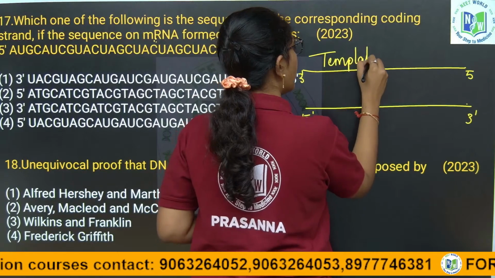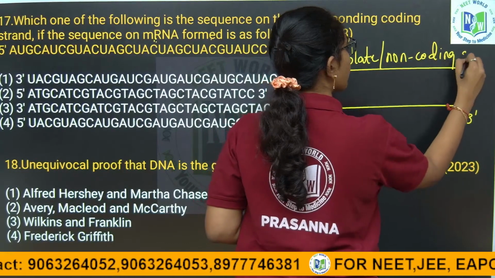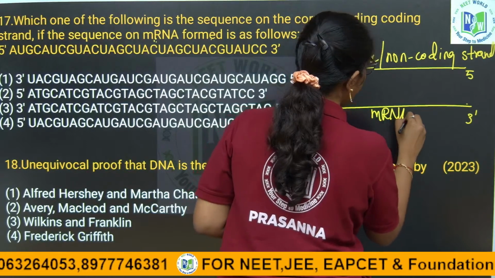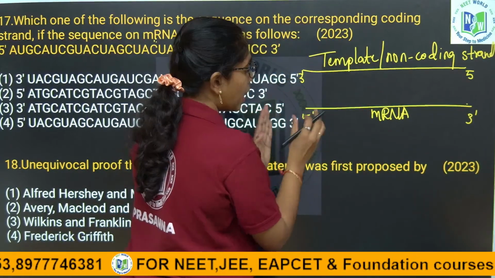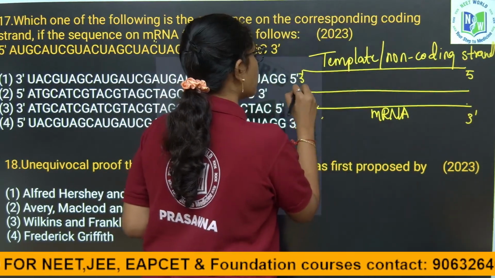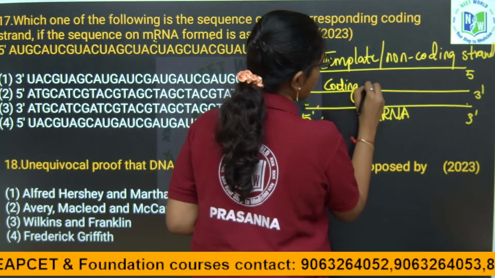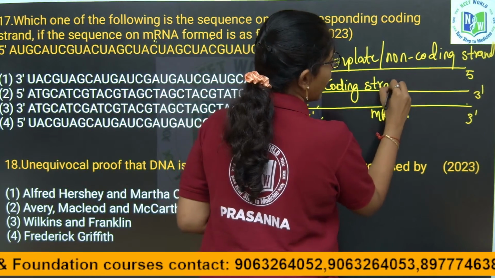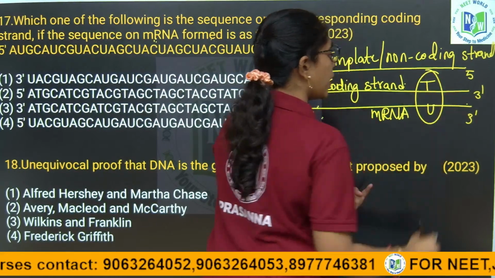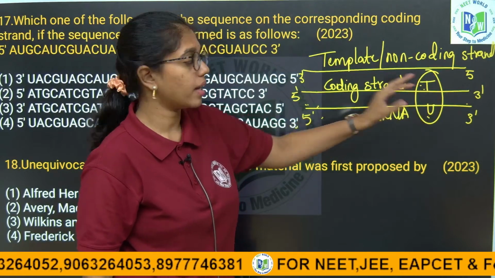Template strand or non-coding strand. Okay. So, mRNA will be complementary to the template or non-coding strand, and this will be similar to that of the coding strand. The mRNA sequence will be similar to that of the coding strand, just in the place of T over here U will be there. In the place of thymine, uracil will be there in the mRNA, except that everything is same.